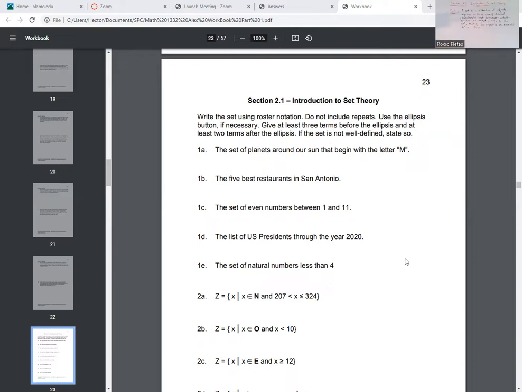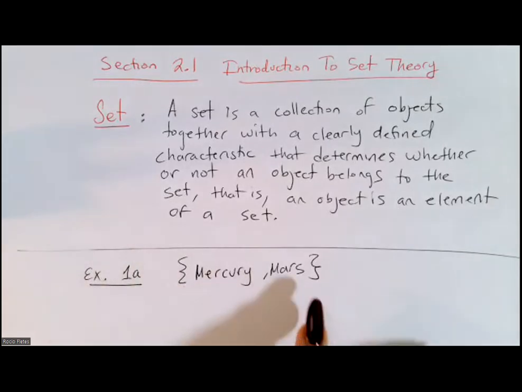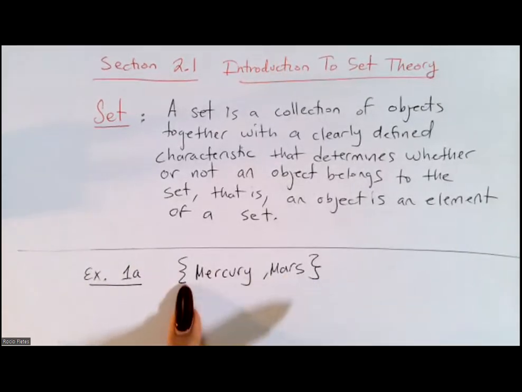And so we see example 1A, let me just write down example 1A. So for 1A, I can write the set, right? And there are 2 planets, I think, yes, Mercury and Mars, or Mars and Mercury. And the way that you would write it using roster notation is like this. This is the set notation, braces.